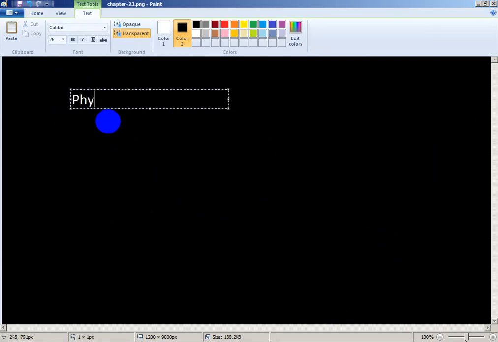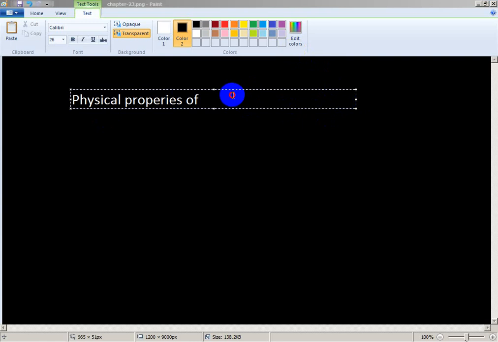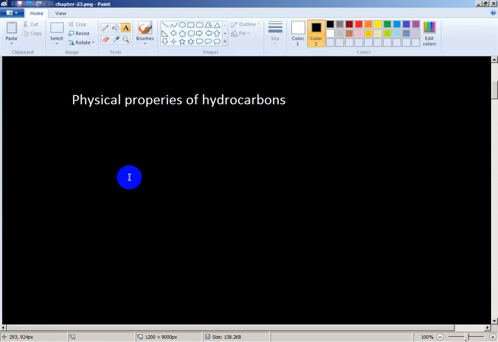Physical properties of hydrocarbons, shorter molecules and longer molecules.